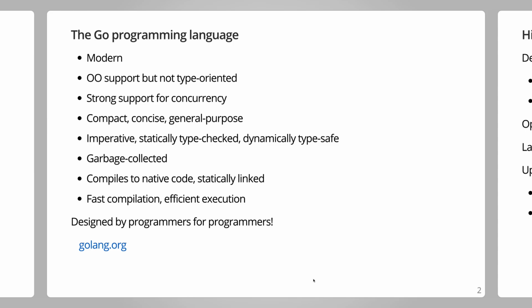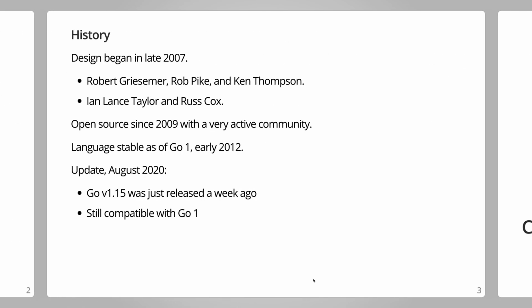It's also got quite fast compilation and efficient execution of the program. So it's a relatively efficient language. It's not comparable to really low-level languages like C, but at least on par with Java and more efficient in many cases. So that's sort of a brief summary of the features.